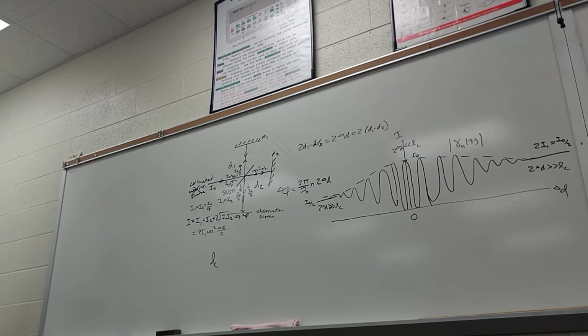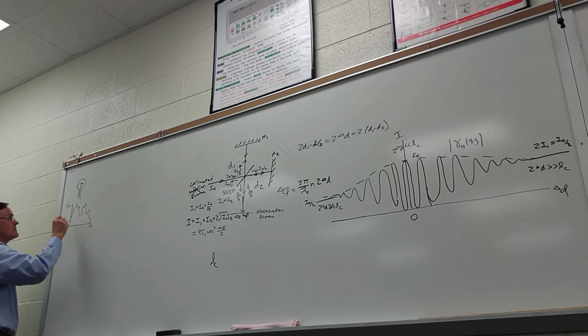So how does that work? With a spectrophotometer, what you begin with is a broadband source. If we look at the power spectrum as a function of frequency, it has some broadband emission spectrum.